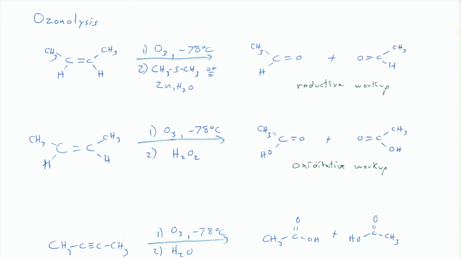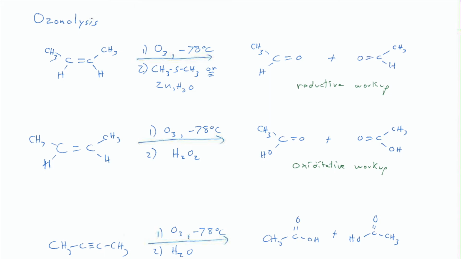Now, you can't just go and buy a tank of ozone. It's way too reactive, and you wouldn't want to anyway. Ozone's extremely toxic, nasty smelling stuff. So the way this works, we take a tank of oxygen, O2, and pump the O2 through the ozonolysis machine. Basically what it does is it zaps it. It throws an electric spark across it.